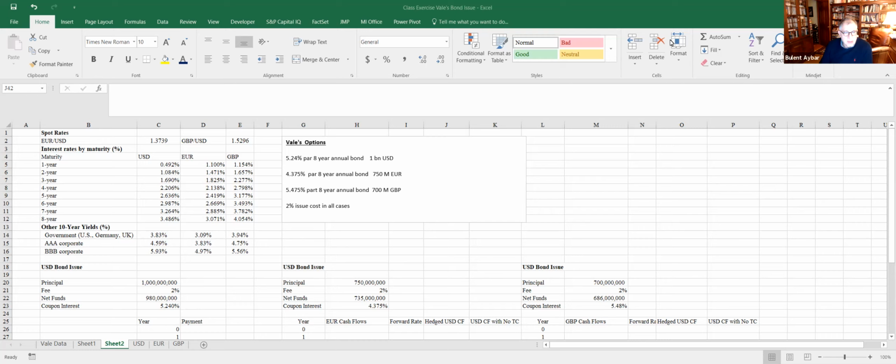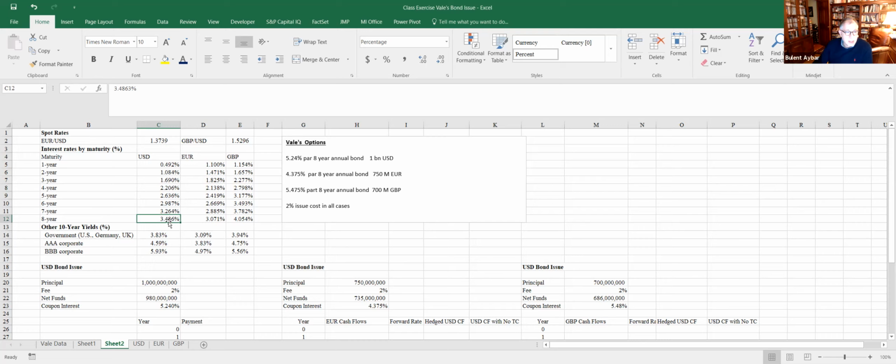So we have interest rates given in 3 different currencies, as you can see in here. We have US dollar interest rates, euro interest rates, and British pound interest rates up to 8-year maturity. So this, for instance, 8-year interest implies an annual rate of 3.486%, provided that you invest your money for 8 years.